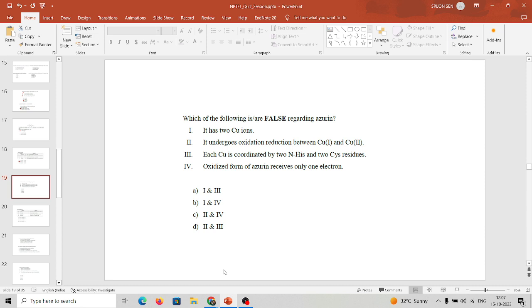So it has four copper ions, so that is false. It has histidine and cysteine residues, basically three cysteine. So therefore 1 and 3 is the incorrect option.